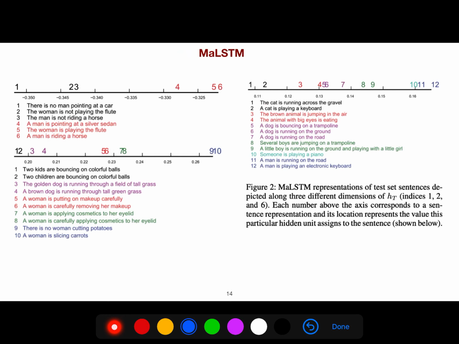And these are MaLSTM representations of test set sentences depicted along three different dimensions. Each number above the axis corresponds to a sentence representation, and its location represents the value this particular hidden unit assigns to the sentence.